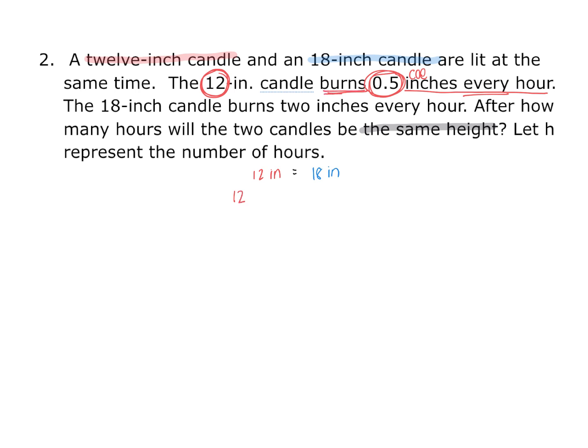The reason I underlined burns is because as a candle burns, it melts, and so it reduces its height, so minus 0.5x. For our 18-inch candle, 18 is going to be its constant, its starting amount, and it burns 2 inches every hour. So we're going to write 18 minus 2 times x. We set these two equal to each other, and that is our final answer.